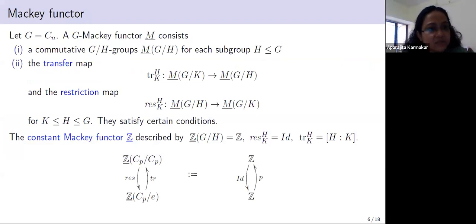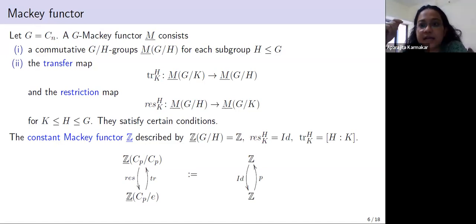Okay, one important notion is Mackey functor. So for G equal to C_n, that is, C_n is a cyclic group of n elements, a G-Mackey functor M consists of a commutative group: M bar of G/H is an abelian group, and M bar assigns an abelian group for every G/H.